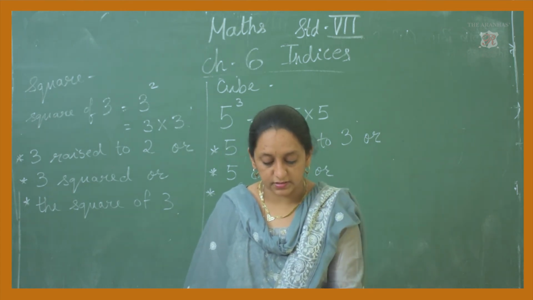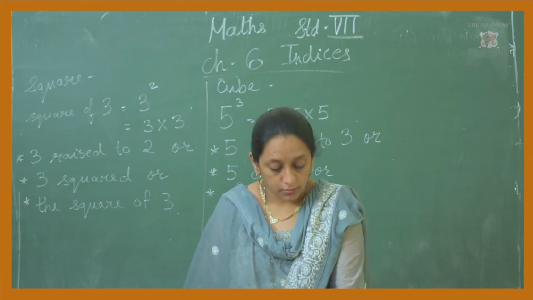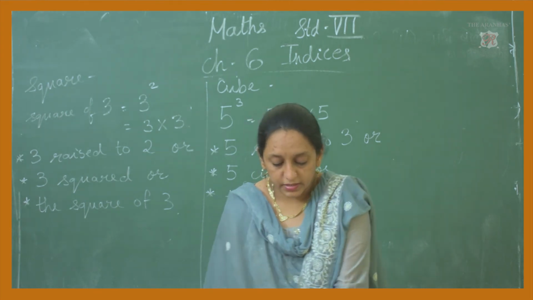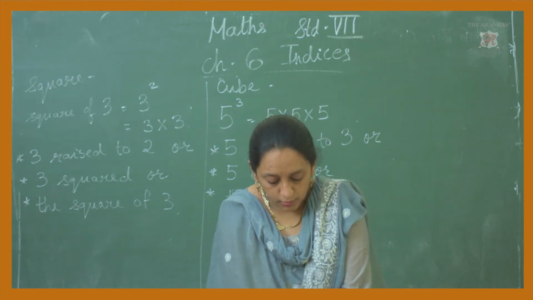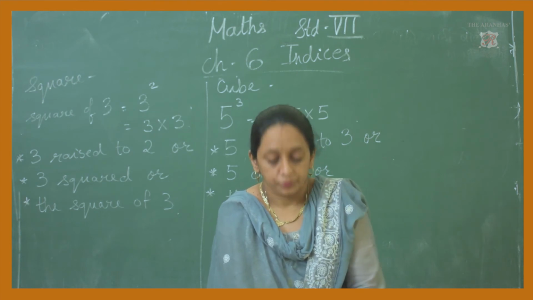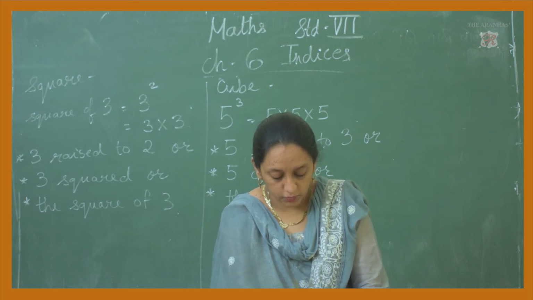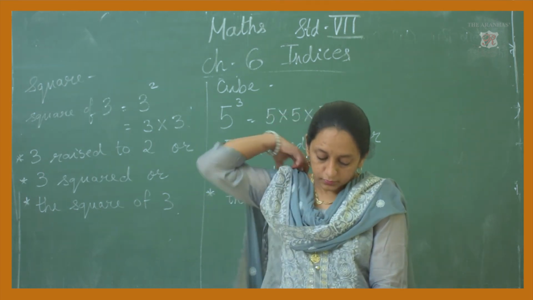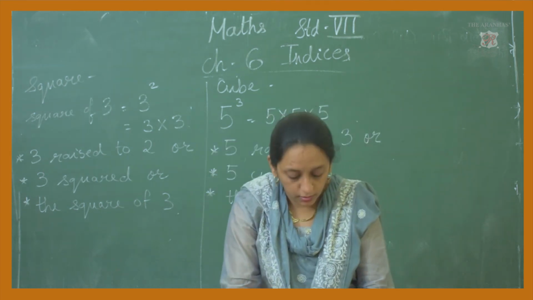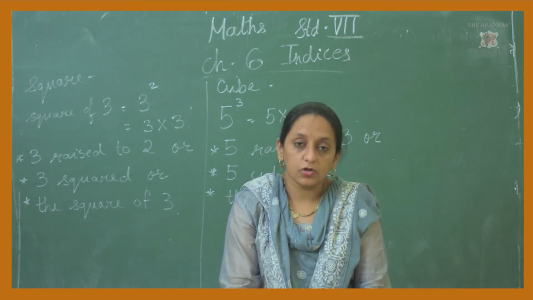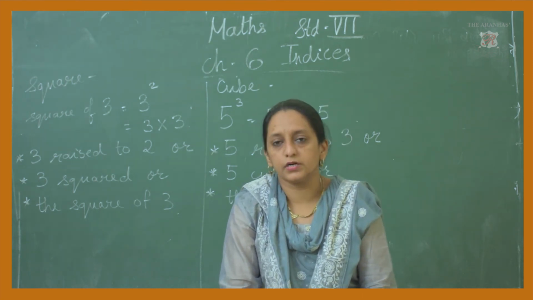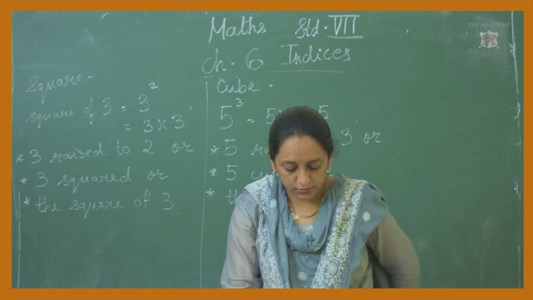We have also studied how to write the given index number in multiplication form, how to find the value of the number, how to read a square number and a cube number, and what they have given in the remember points. The second power of any number is the square of that number. The third power of any number is the cube of that number.